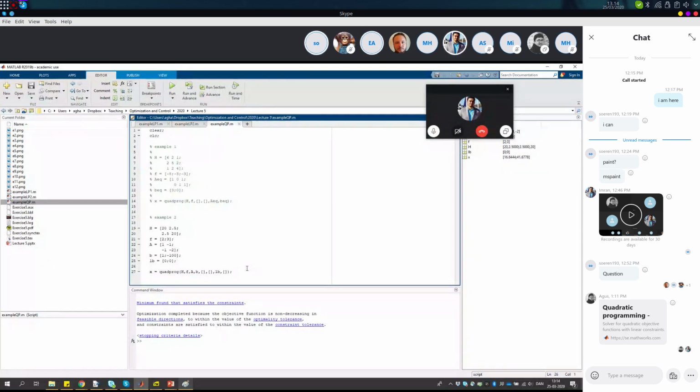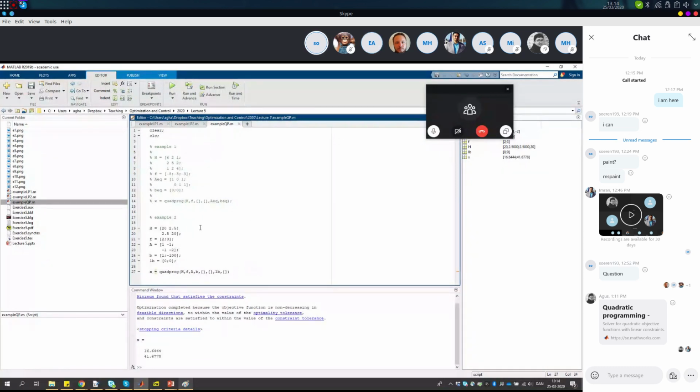What is the active set that they're talking about in the book? Active set? Oh yeah. Active set is an algorithm that you can use to find the optimal solution. In linear programming, you have simplex and interior point. In quadratic programming, you have active set method and interior point.